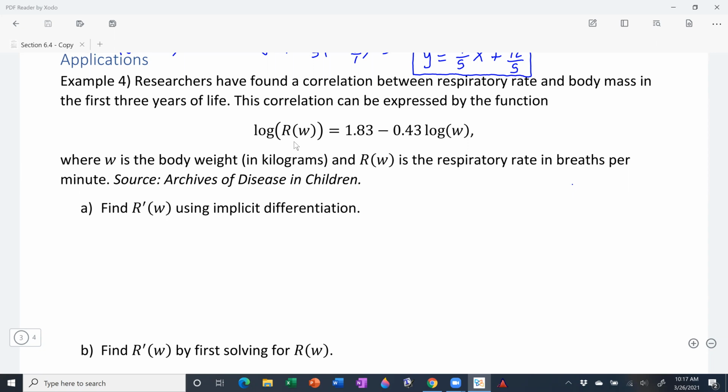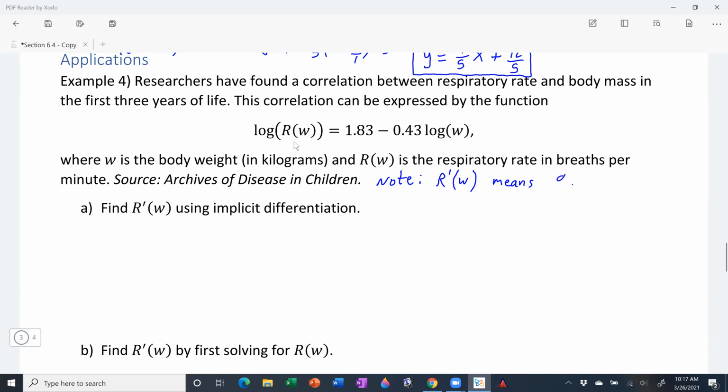But I do want to make a note here that we're writing this as function notation. And so I just want to make a quick note that if we're trying to find R prime of W, that means that W is the independent variable.